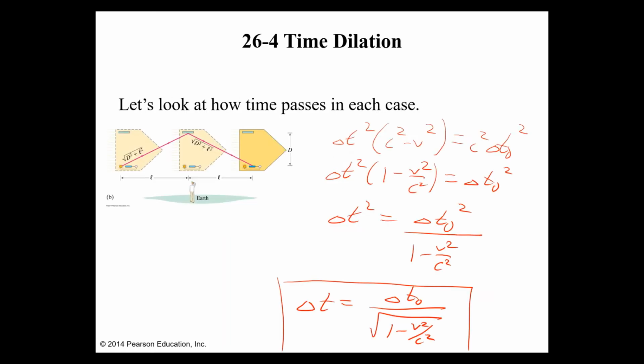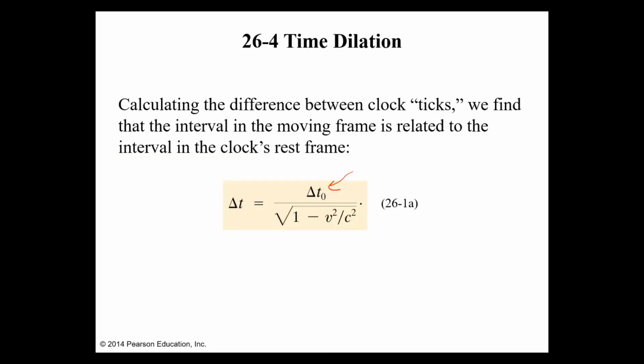But you, as an observer outside in a different inertial reference frame than this clock, have this interesting factor going on at the bottom, which then gives you a different amount of time. So the amount of time actually passing within the clock is different than the amount of time passing for someone in a different inertial reference frame. Weird.